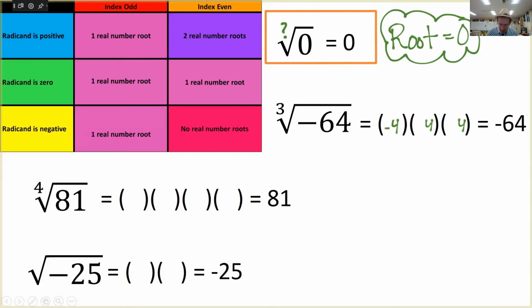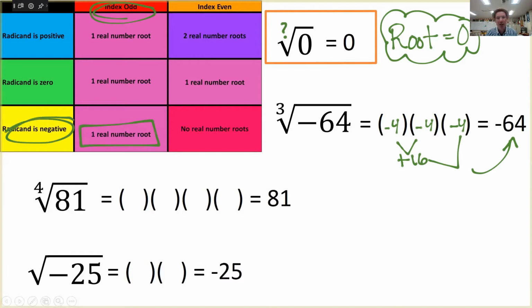So I have negative 4 times negative 4, which is positive 16, times negative 4, which would be negative 64. So as you can see, when we have an odd index number and a negative radicand, we're going to have one real number root, and our real number root on this problem is negative 4.